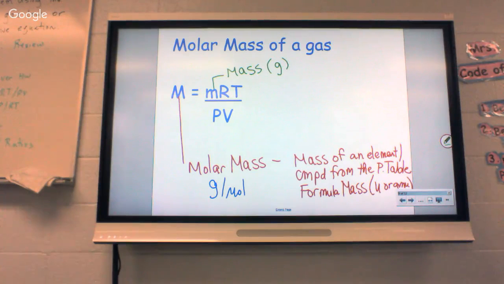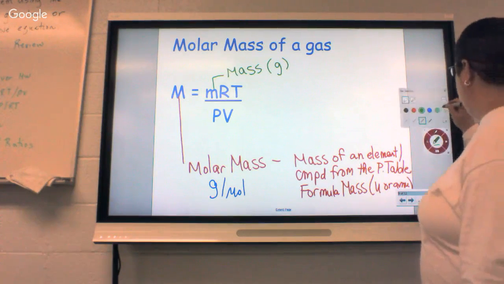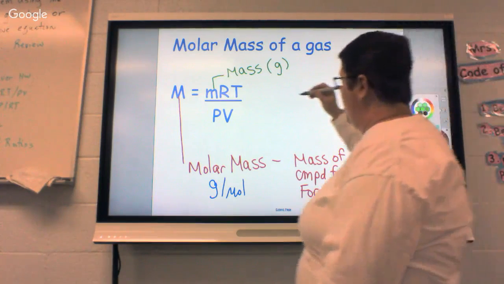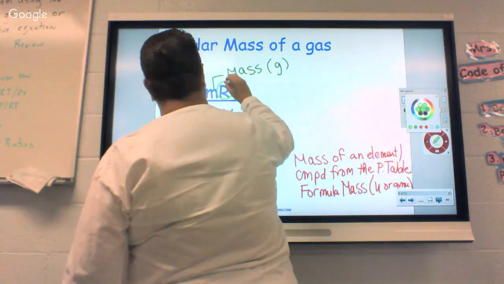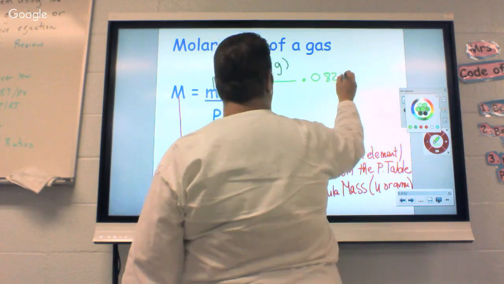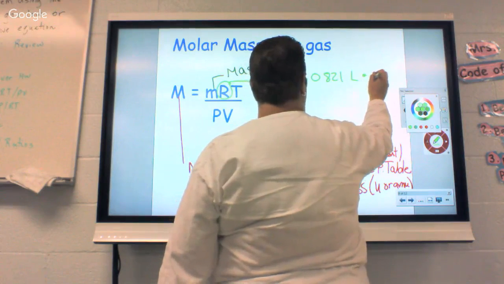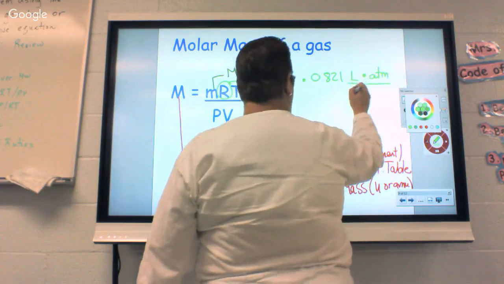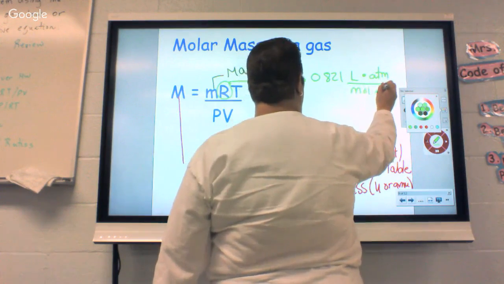Okay, it only has one: pressure, temperature, and volume. Yes, and it has what else? It has the R. Okay, because this has R right here. Okay, this has our 0.0821 liters times atmosphere over moles times Kelvin.